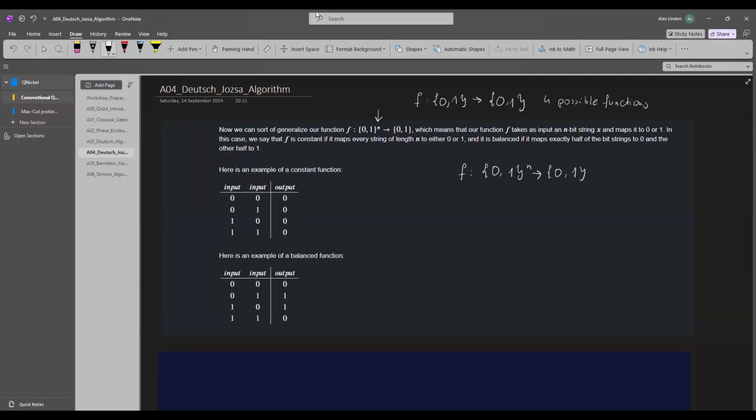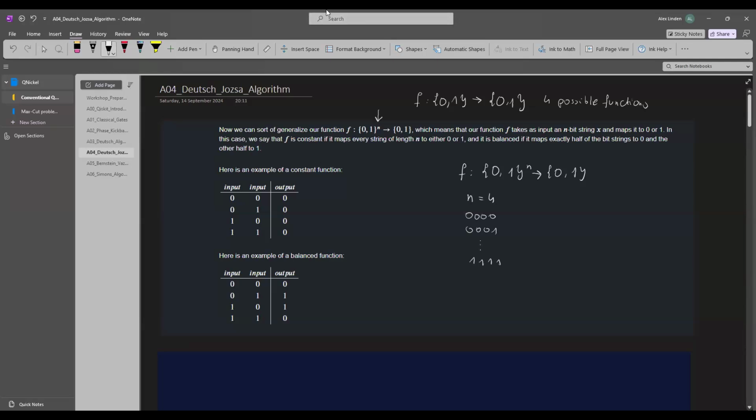So we can have, if our n is equal to 4, 0, 0, 0, 0, etc. until we get 1, 1, 1, 1.